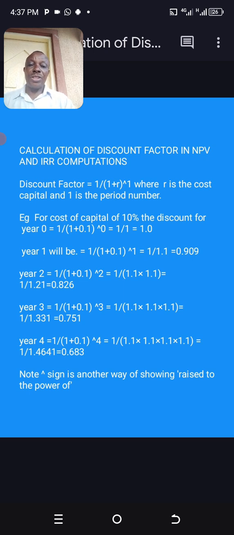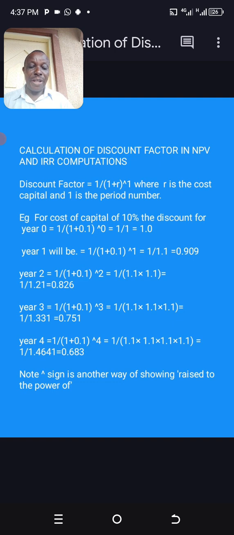Now let's look at year 2. In year 2, when we apply the formula, we have 1 over (1 plus 0.1) raised to the power 2. Now, remember, when we say something is raised to the power 2, this means that item times itself.